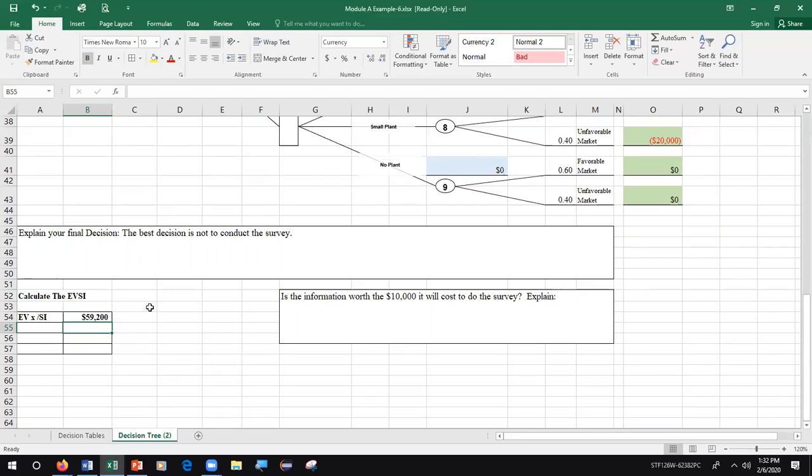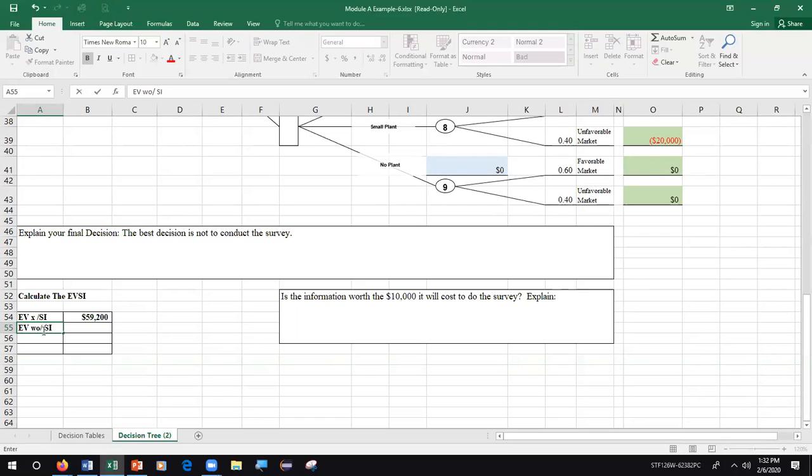I mean, if we're thinking about it, we haven't spent it yet. Until we spend it, we haven't spent it. So that's why we have to add that back in. The expected value without the survey information, in that case, is going to equal that 52,000.